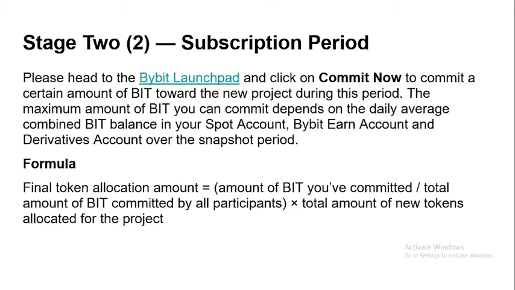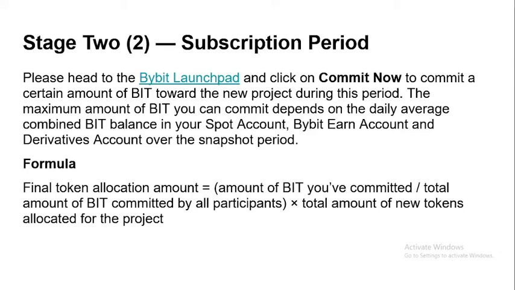Stage 2 is the subscription period. Please head to the Bybit Launchpad and click on commit now to commit a certain amount of BIT toward the new project during this period. The maximum amount of BIT you can commit depends on the daily average combined BIT balance in your spot account, Bybit Earn account, and derivatives account over the snapshot period.